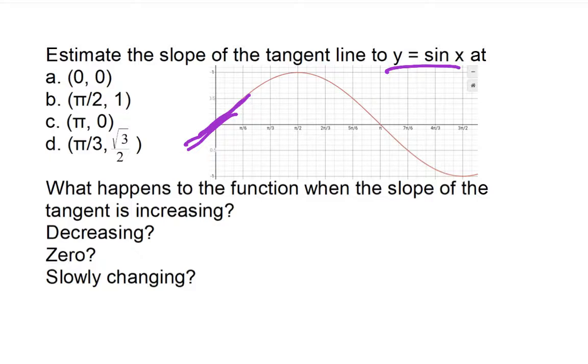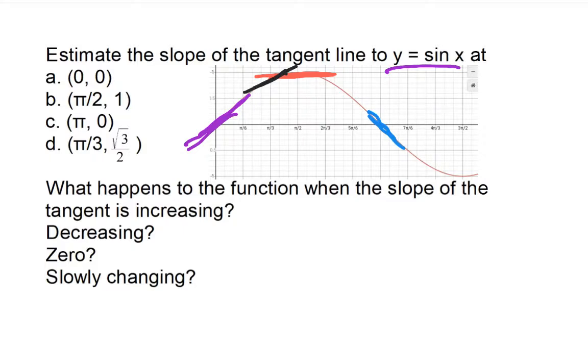I'm going to leave that up as a question in the middle of this. Then B, I need the slope at pi over 2, 1, which would be up here. You tell me what you think that slope would be. C, at pi, 0, what do you think that slope might be right there? And then D, it's going to be pi over 3, and then square root of 3 over 2. What do you think that slope might be?